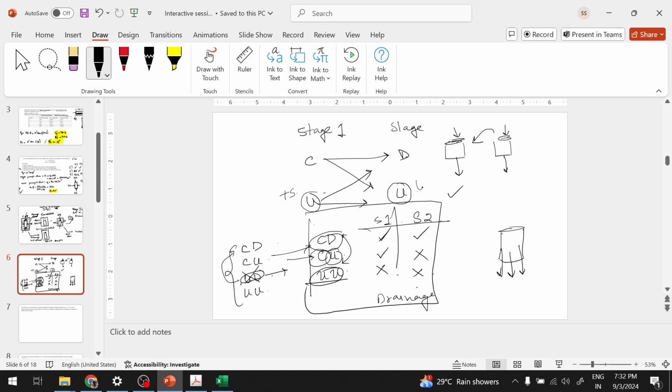Undrained will be total stress. In case of drained and consolidated, we will receive effective stress results. Effective stress, we will receive phi dash, C dash. Here we will receive phi u, C u.